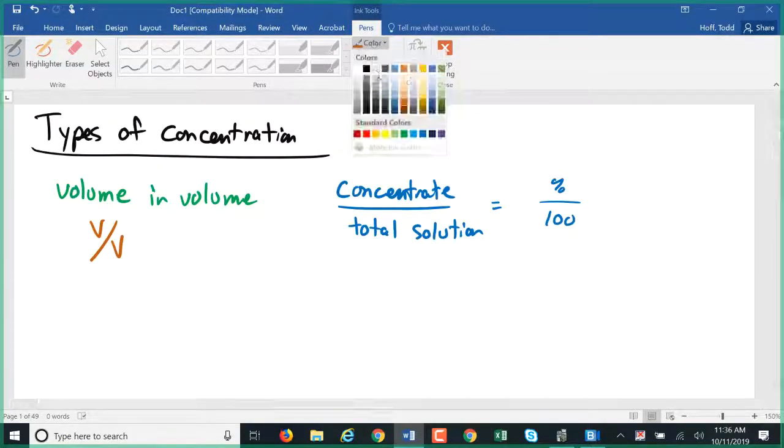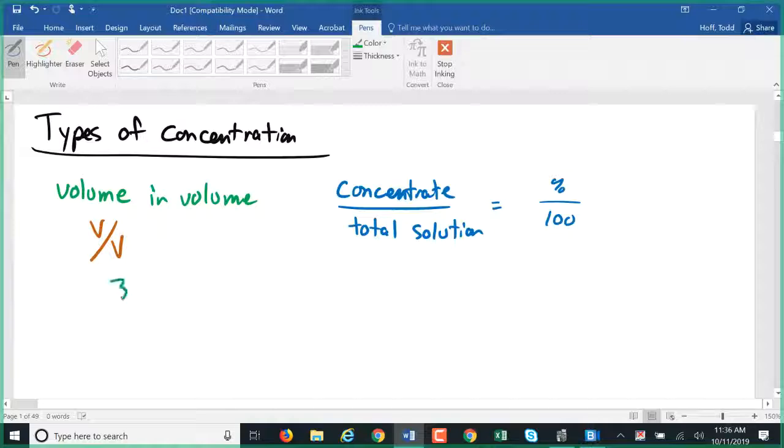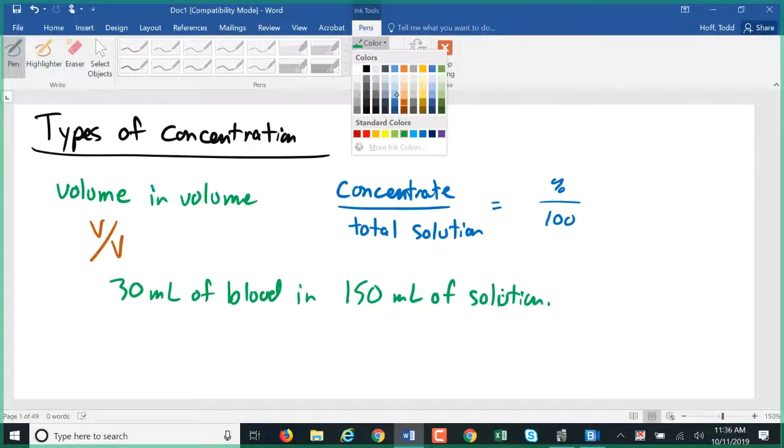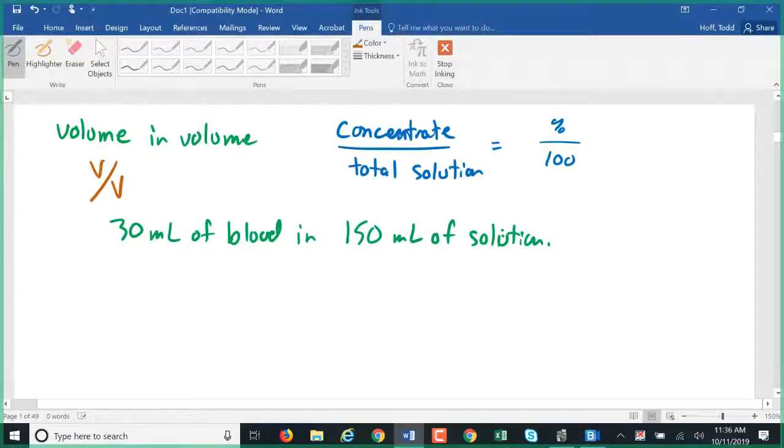So an example of this might be 30 milliliters of blood and 150 milliliters of solution. Volume and volume concentration: thirty milliliters over 150 milliliters.